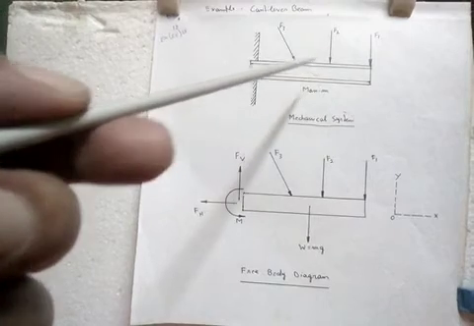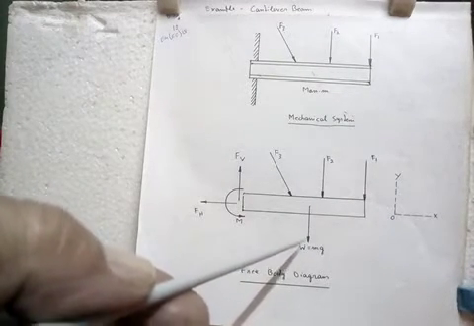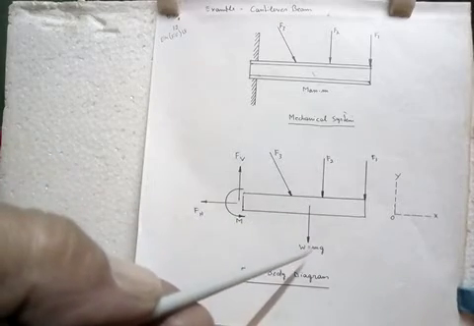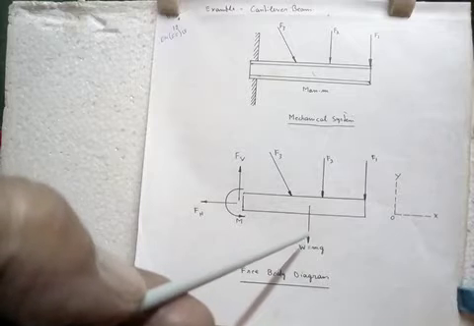Now the weight of the beam has been shown here, W, vertically downward. So 1, 2, 3 and 4 forces.